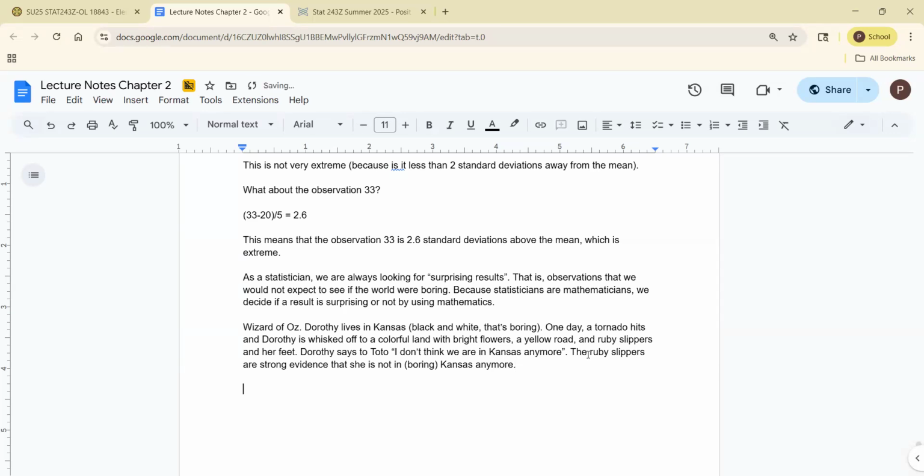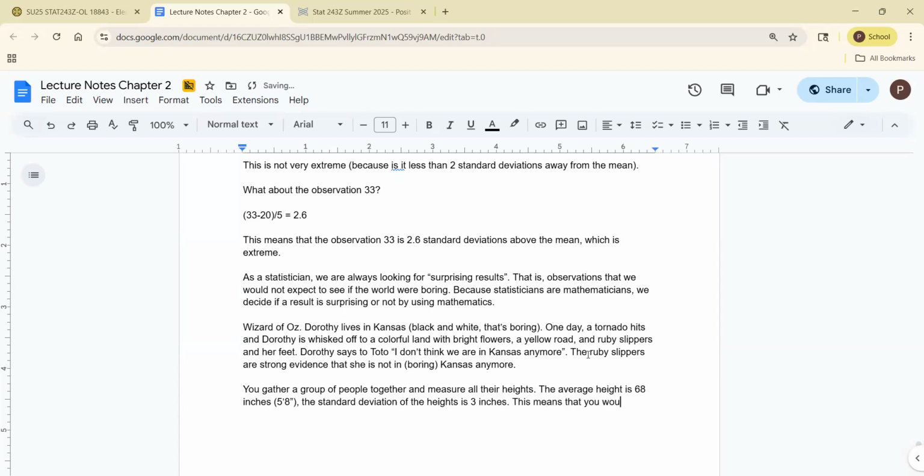Now, let me give you an example from maybe back in the statistics world a little bit. You gather a group of people together and measure all their heights. The average height is, let's say, I'm going to do this in inches, 68 inches. That's 5 feet 8 inches. The standard deviation of the heights is 3 inches.